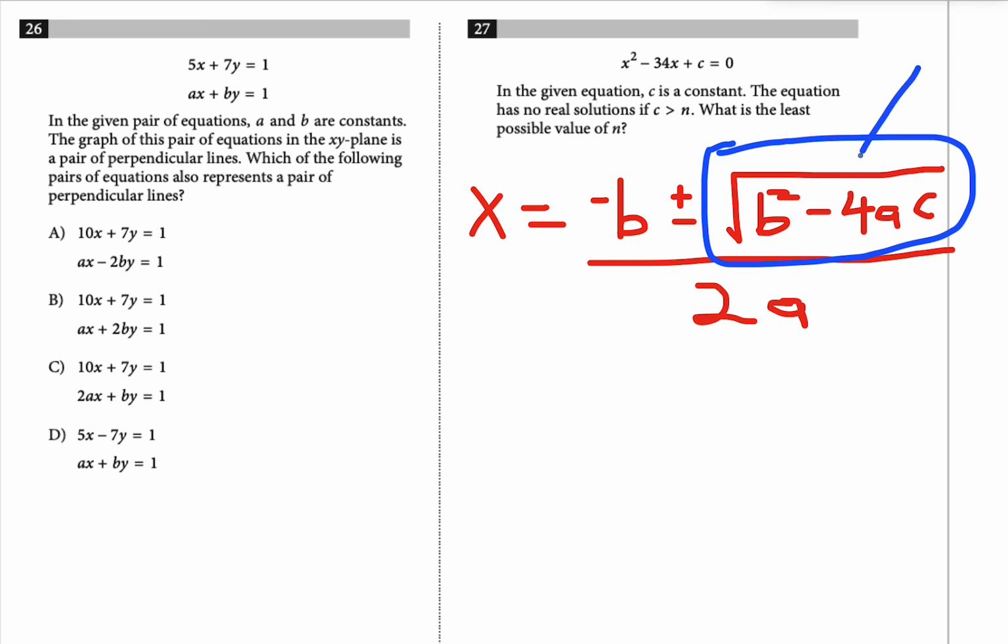This is the only part that contributes to whether the solution comes out real or imaginary, so let's focus on that.